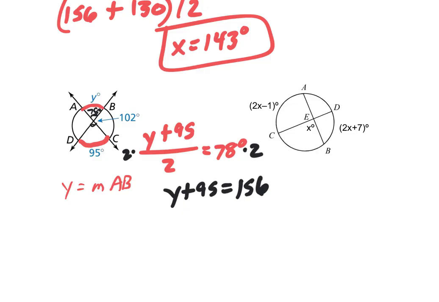And then subtract 95. So we're saying this arc up here, arc AB, is 61 degrees. Okay. They are not the same. We've got to make sure we understand that portion.